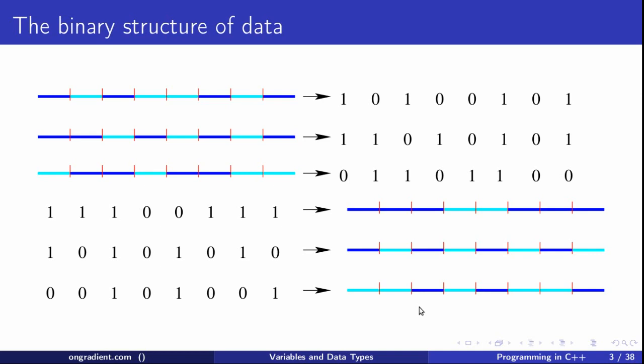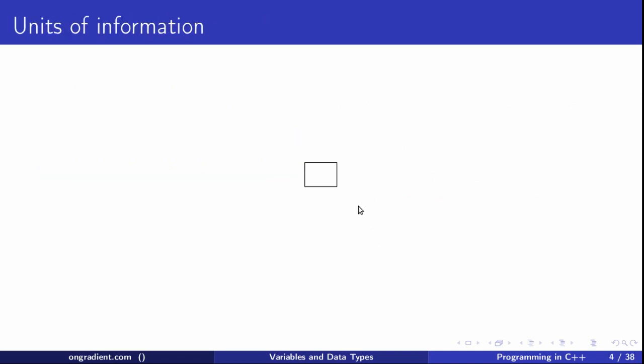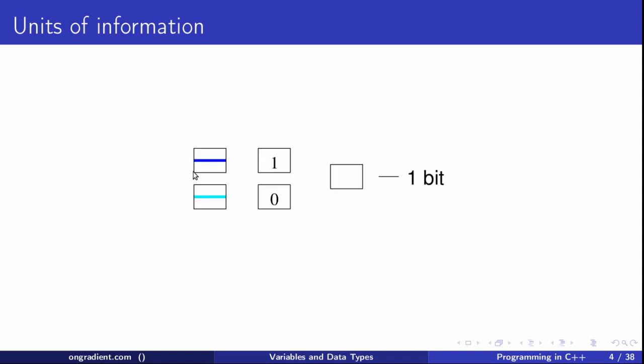What might be the smallest measure of information that a computer receives? It is clear that the smallest measure of information for a computer will be the presence or absence of a current impulse. That is, the smallest measure of information may contain 1 or 0. This smallest measure of information is called a bit.